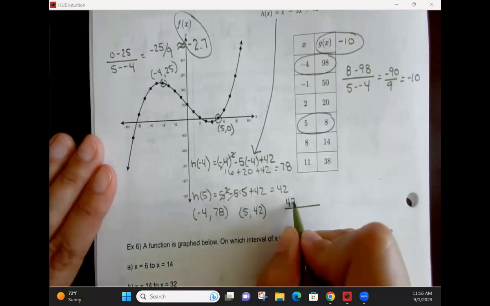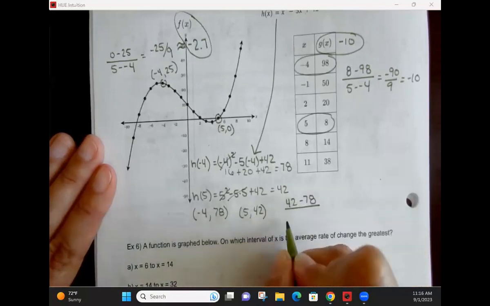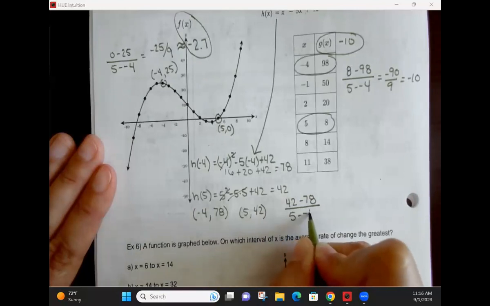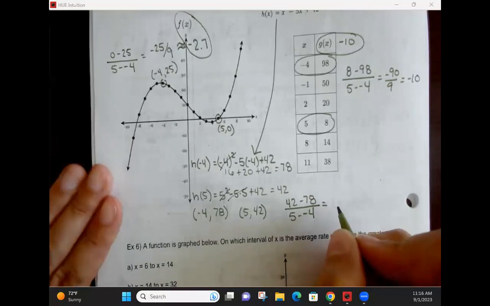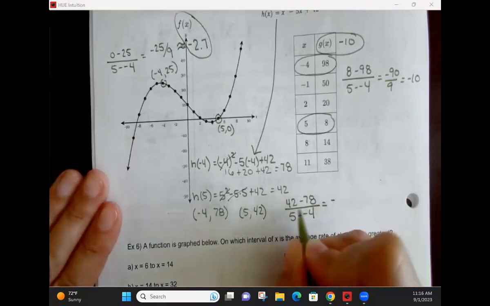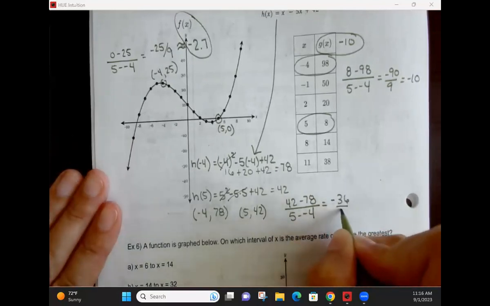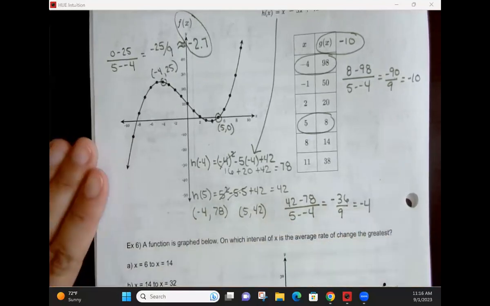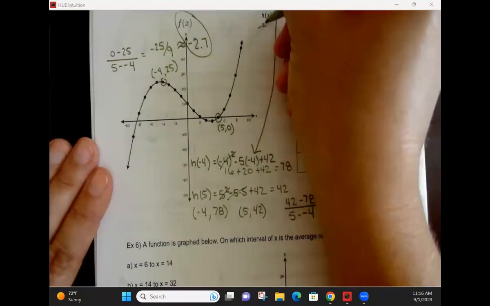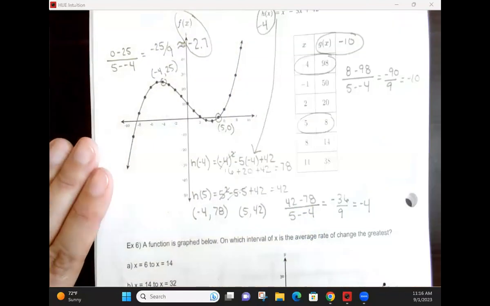So this would be 42 minus 78 over 5 minus -4. So we get -36 over 9, which would be -4. So for h of x, our rate of change is -4.